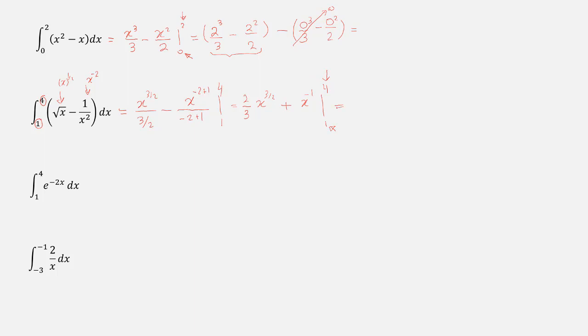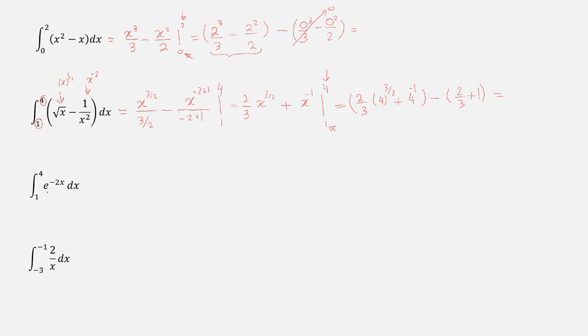We write 2 over 3 multiplied by 4 raised to 3 over 2 plus 4 to the negative 1, minus, substituting with 1, 2 over 3 plus 1. Then use the calculator to get the answer.